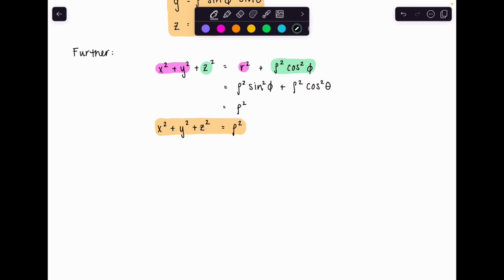So spherical coordinates will help with evaluating triple integrals over regions bounded by spheres or cones.